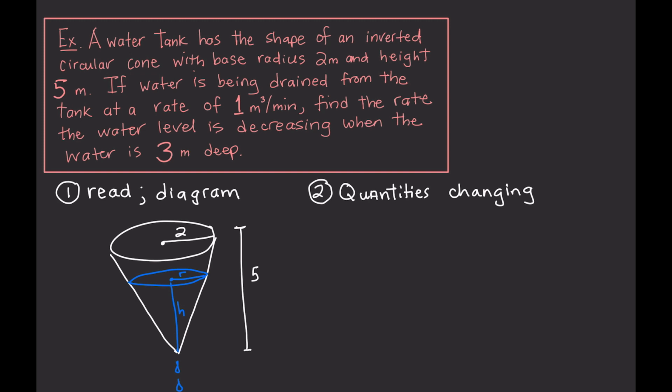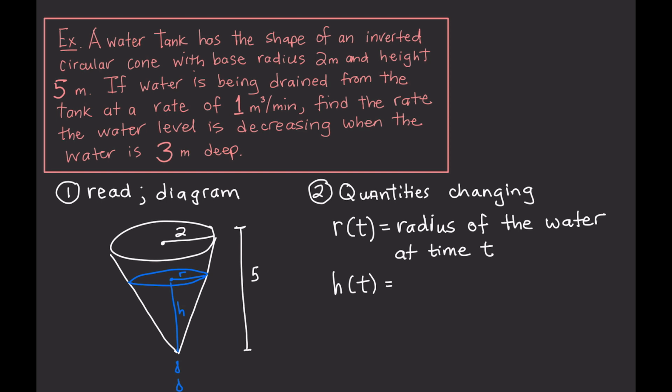We also talked about there's the radius at time t. This is going to be the radius of the water at time t. I'm going to call h of t the water level.